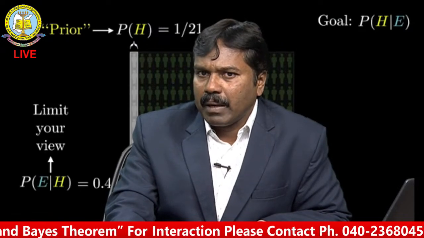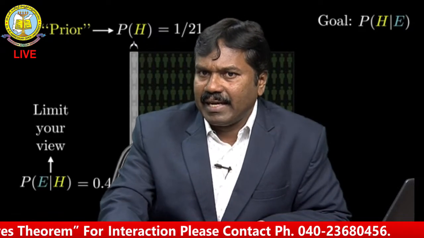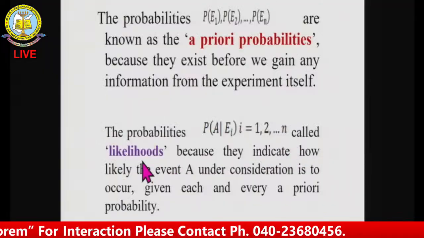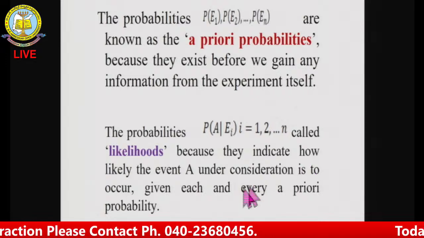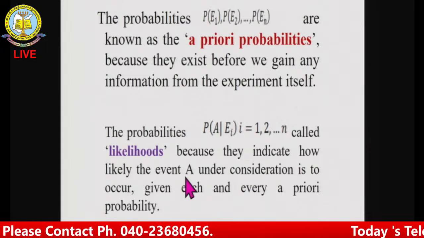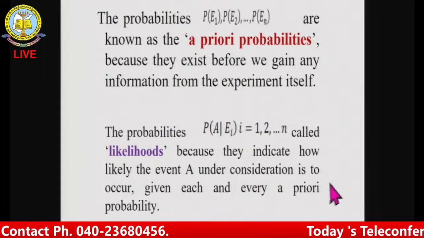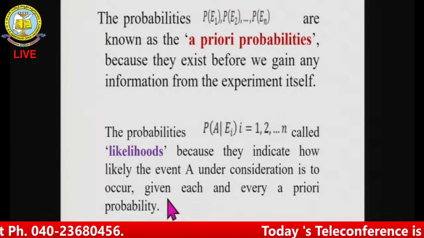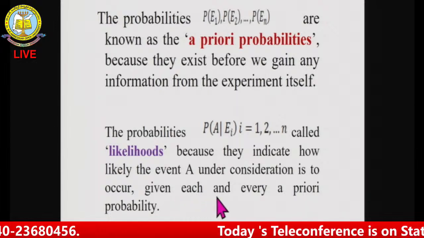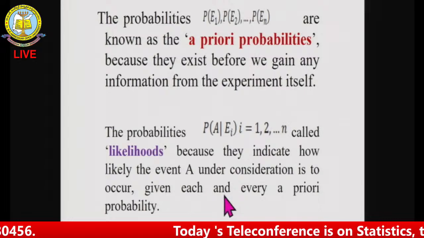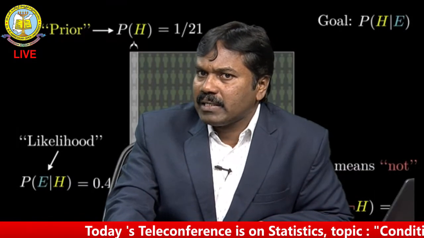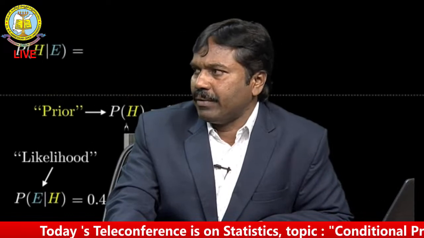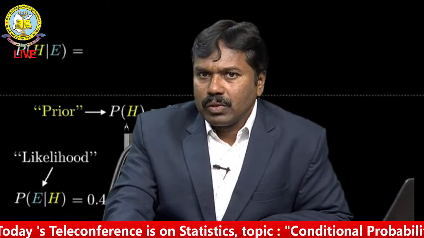The probability of A given Ei, where i takes values 1 to n, is called likelihoods, because they indicate how likely the event A under consideration is to occur given each and every a priori probability. That means one is priori probabilities and another one is likelihoods.